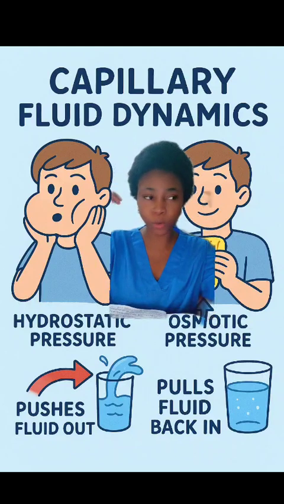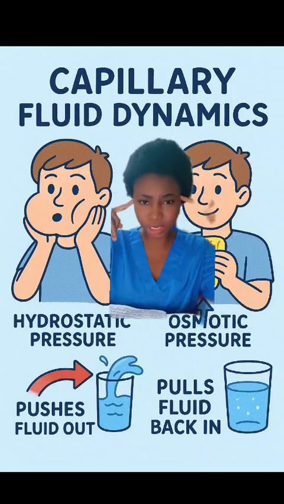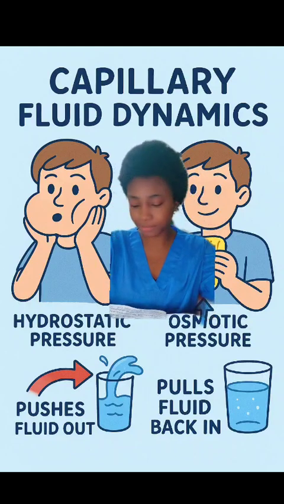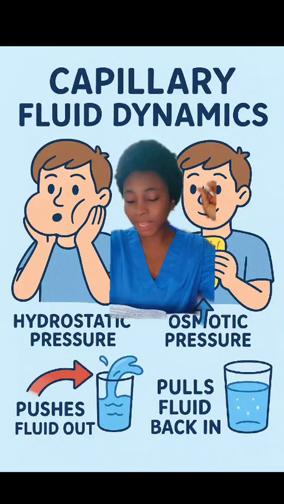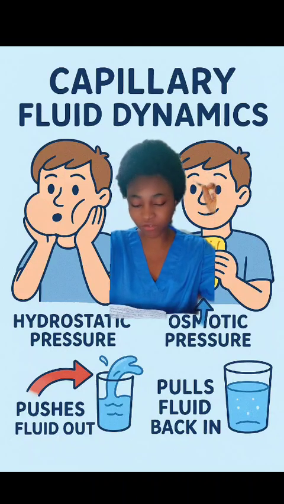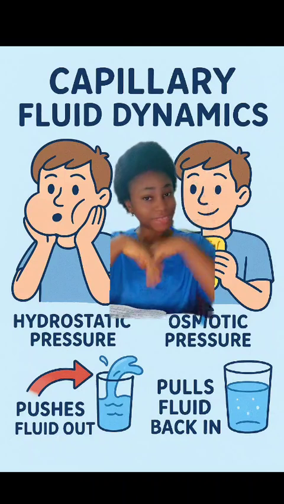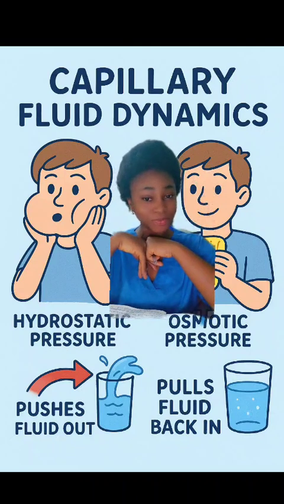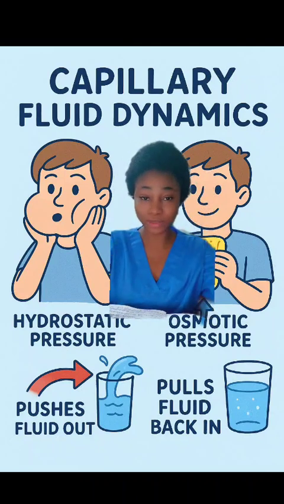Let's know if all we've been talking about all this while is sinking in. So it says here, list the 3 layers of tissue found in the walls of the arteries and veins. Can you give it a try? We know the 3 layers of these blood vessels.